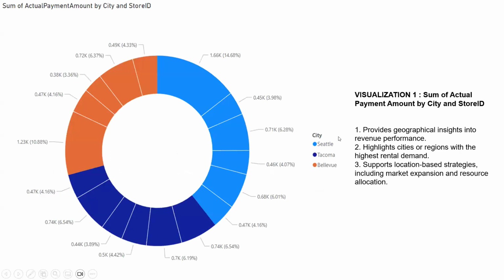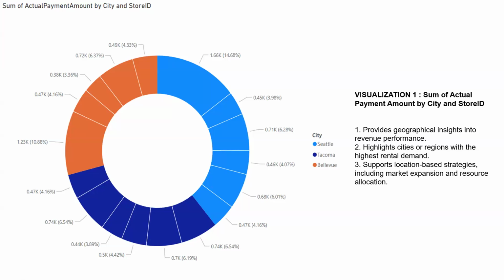The first chart shows the sum of actual payment amount by city and store ID, making it easy to see which cities are bringing in the most revenue, like Seattle, Tacoma, and Belleville. It gives us a clear picture of where demand is highest and helps the team make smarter decisions about where to focus resources or even consider expanding in the future.